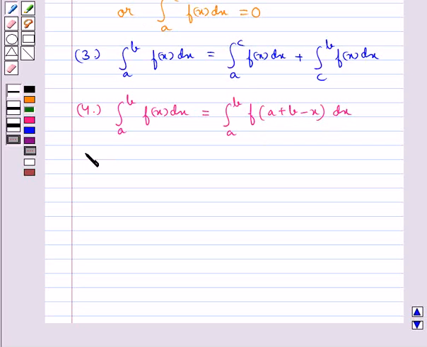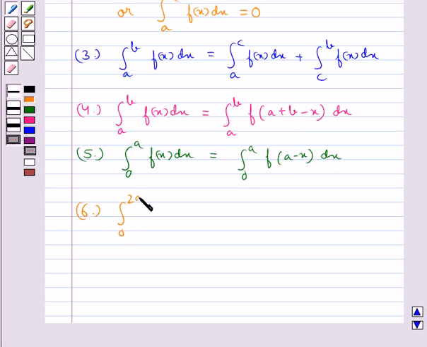And the next one, which is the particular case of this fourth property, is integral 0 to a f(x) dx is equal to integral 0 to a f(a minus x) dx. Then we have integral 0 to 2a f(x) dx is equal to integral 0 to a f(x) dx plus integral 0 to a f(2a minus x) dx.